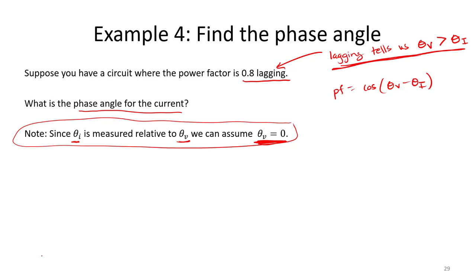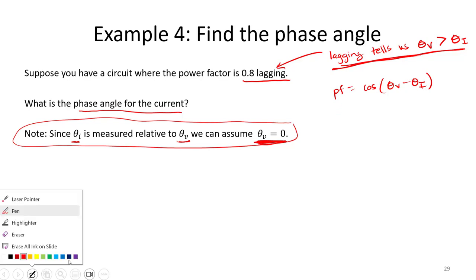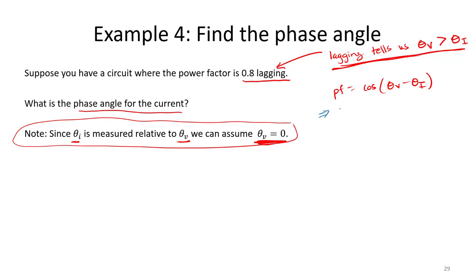Now we can substitute what we know. 0.8 must be equal to cosine of theta V, which is 0, minus theta I, which is unknown.